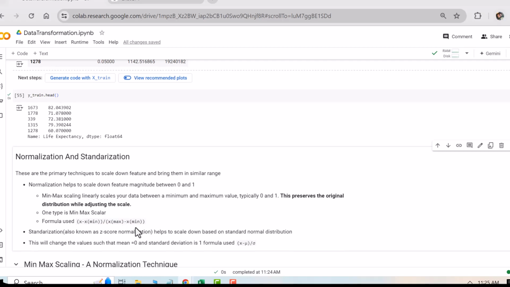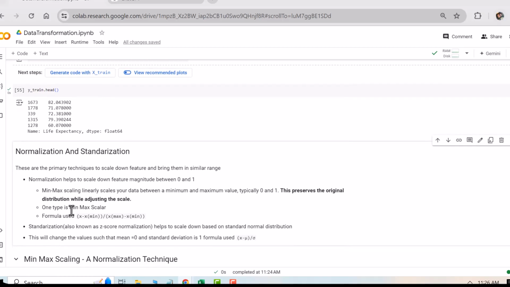With the help of this formula we can see that if the maximum or minimum value are lying in the vicinity of outliers, this technique will not help, right? So to apply this technique we need to have data which is not having too many outliers.